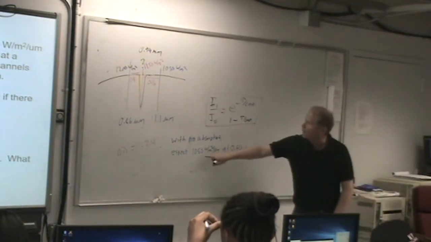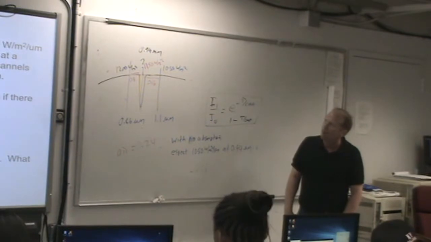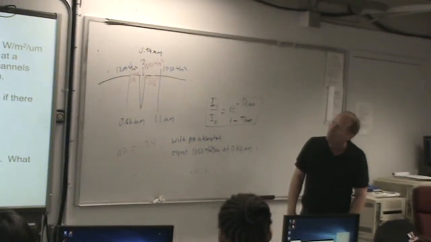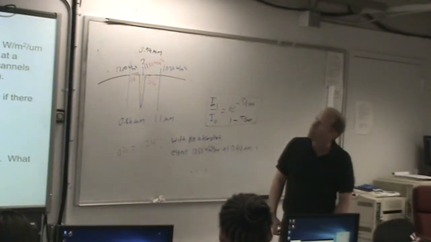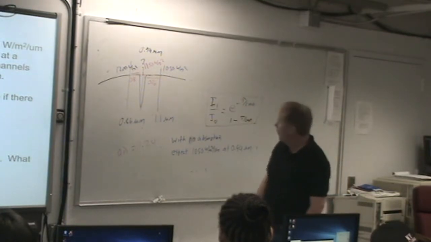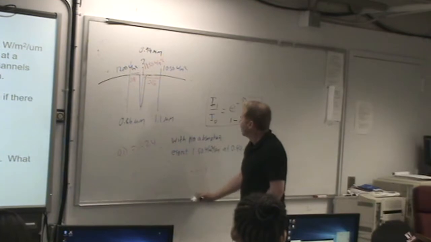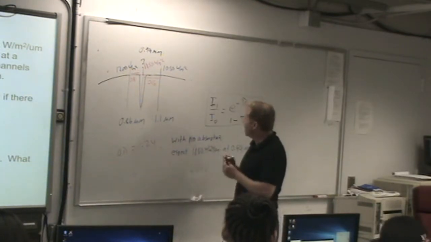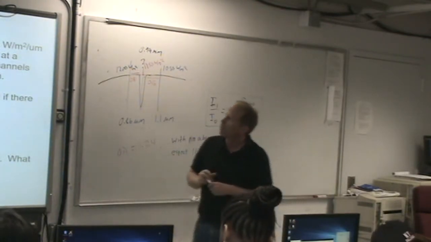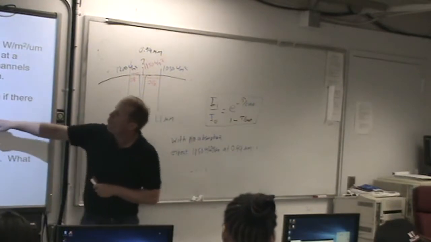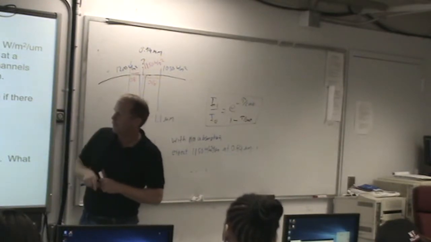Okay, so we expected 1050. What did we actually measure? I mean, we expect, sorry, not 1050, 1150. We expected 1150. So that's what we would expect, 1150.